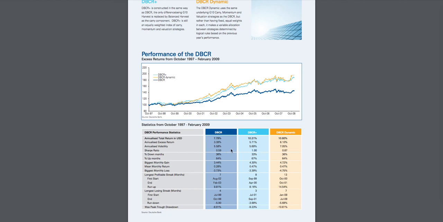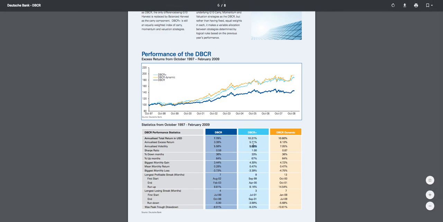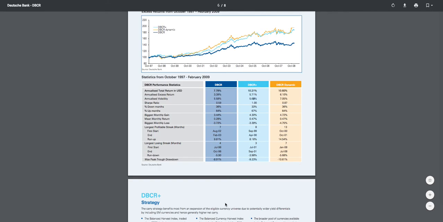Twice as good. That means twice as good performance. Now the return figure isn't as good, but the risk is about the same. So it really is a whole lot better. Look at the annualized volatility.